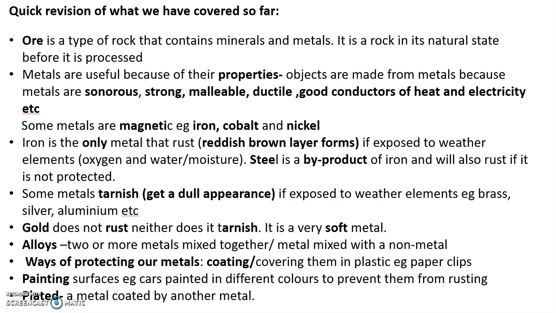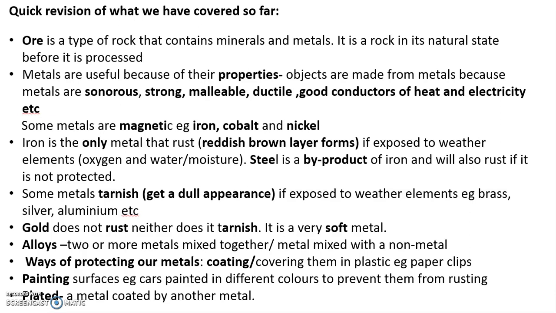Once you have mixed 2 or more metals together, we call that an alloy. So if you mix your gold with your silver and your copper and your aluminium, then you are creating an alloy of gold. And then we also spoke about ways of protecting these metals.